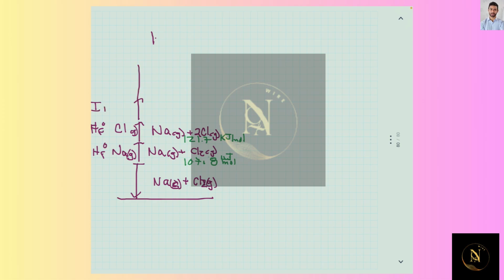Our next piece will be our first ionization energy, and then a much larger value, up to here, is our second ionization energy for sodium. And our first ionization energy will get us to an Na plus, and then an Na2 plus.